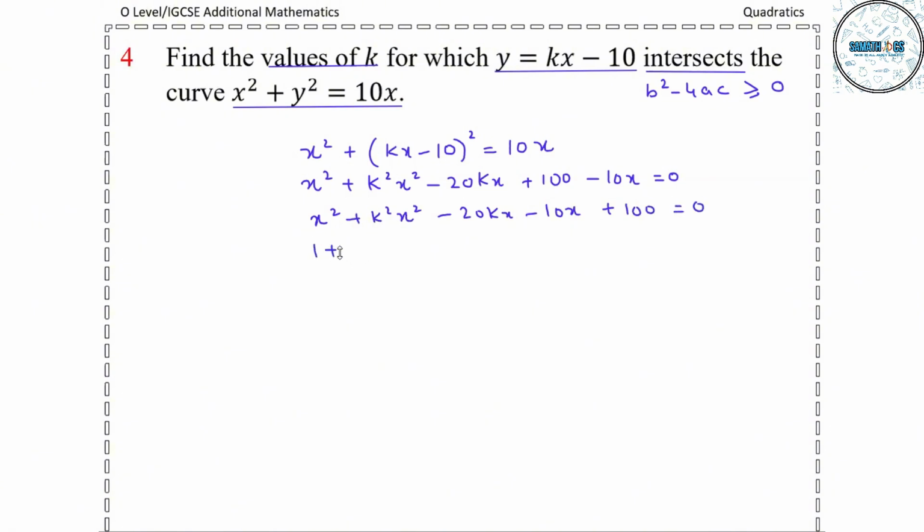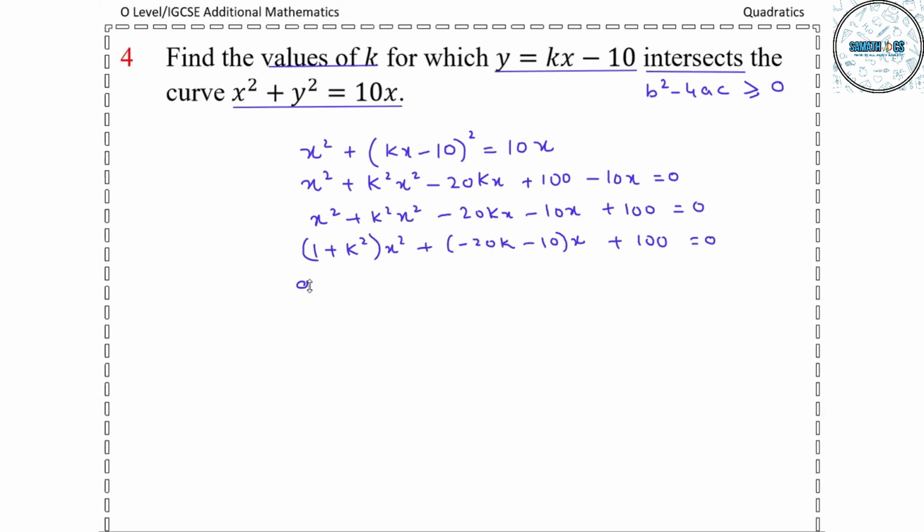We can write it as (1 plus k square) x square, where 1 plus k square is the coefficient of x square, then plus (minus 20k minus 10) x, where minus 20k minus 10 is the coefficient of x, plus 100 is equal to 0.